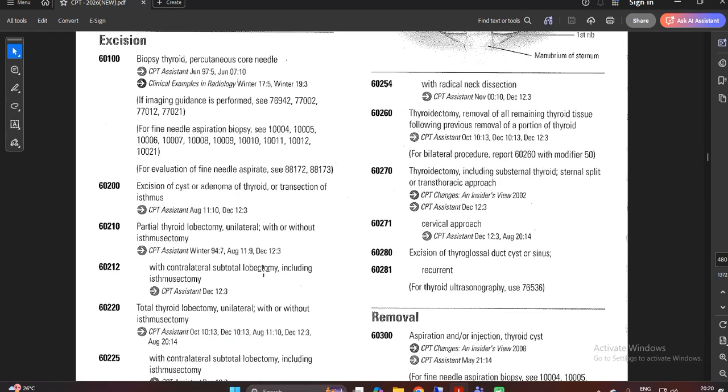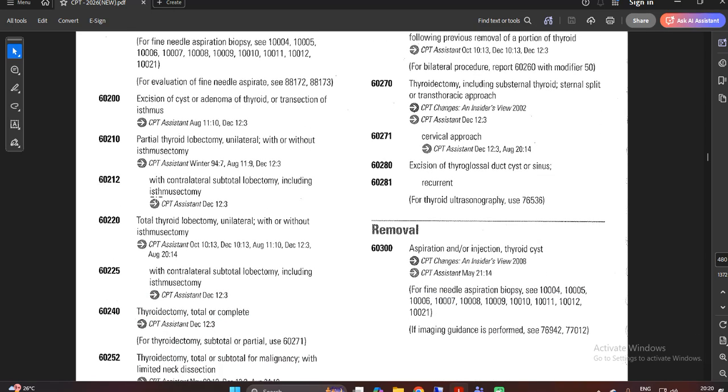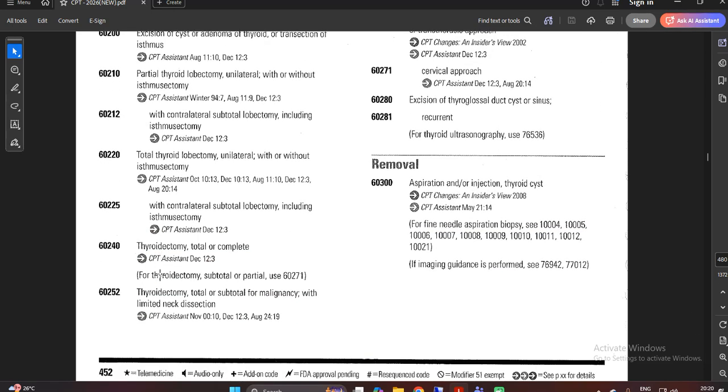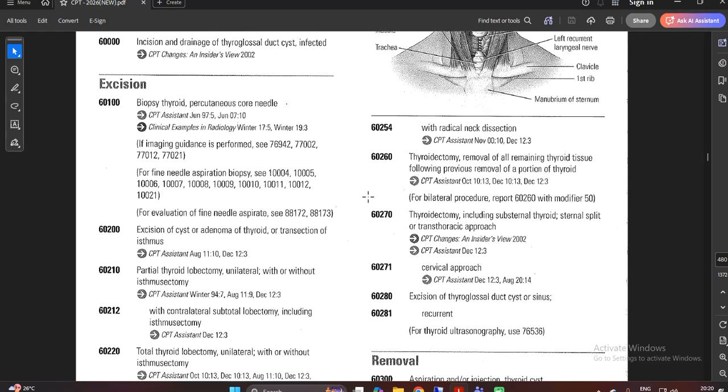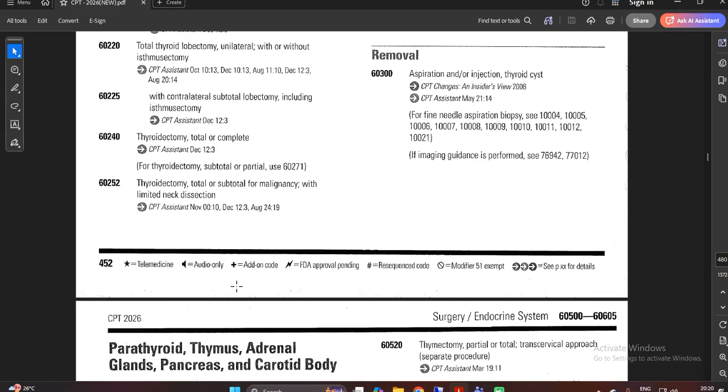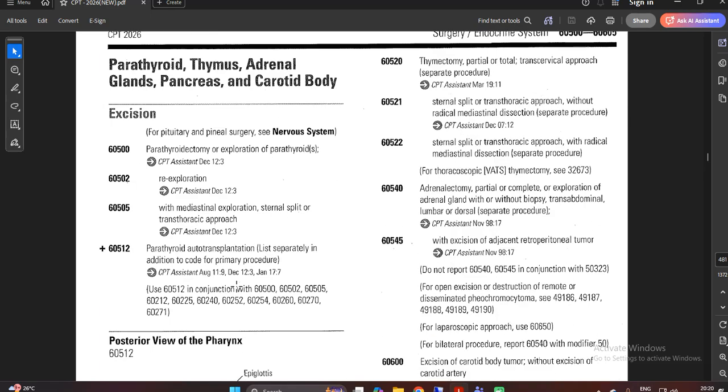Next, these are the thyroid gland or thyroid gland related procedures. Mostly you will get 220, 240, 252 and 260 as well as 200. Okay. Next we have parathyroid, thymus, adrenal gland, pancreas and carotid body. So parathyroidectomy or exploration of parathyroids, 60500. Basically the parathyroid sits on the back side of the thyroid gland.